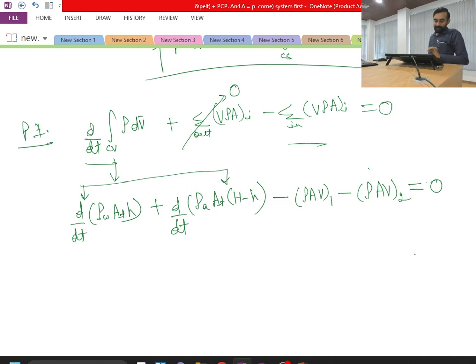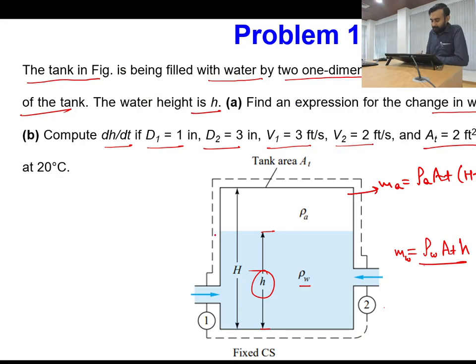Okay, now tell me, when I will be finding that water is getting filled inside, the height of the water will rise. So if height of water is rising, then mass of the water is actually changing. Okay, but if you consider the top of the tank is actually perfectly sealed, though my H minus h is decreasing, when H minus h is decreasing, air cannot go out of the system, air is getting compressed.